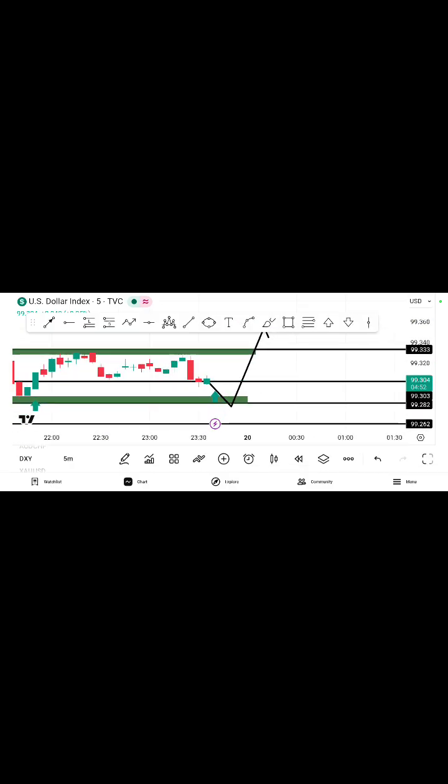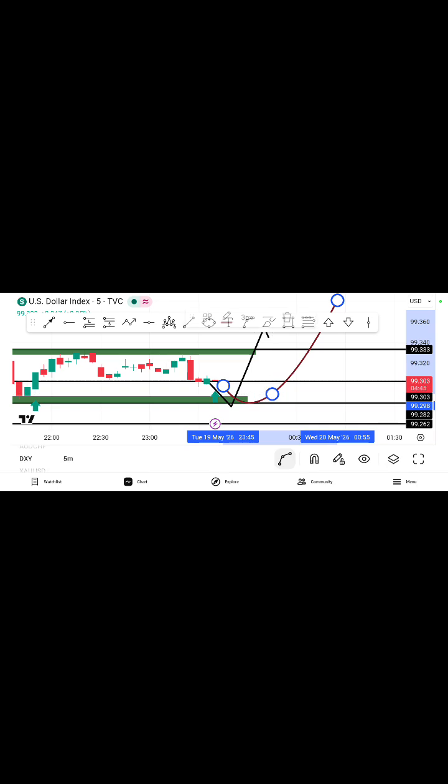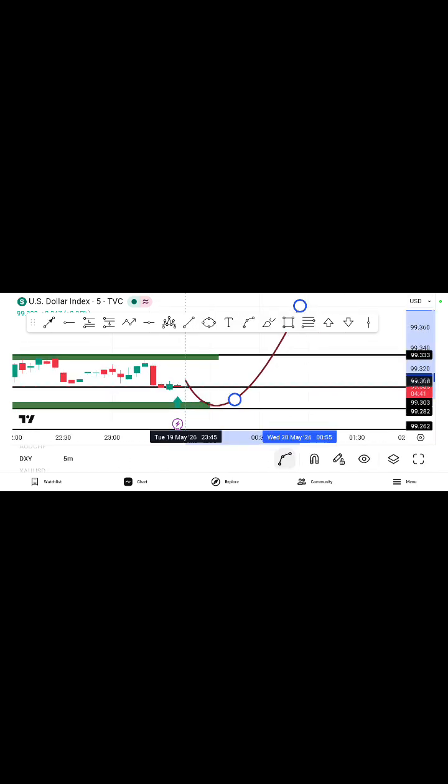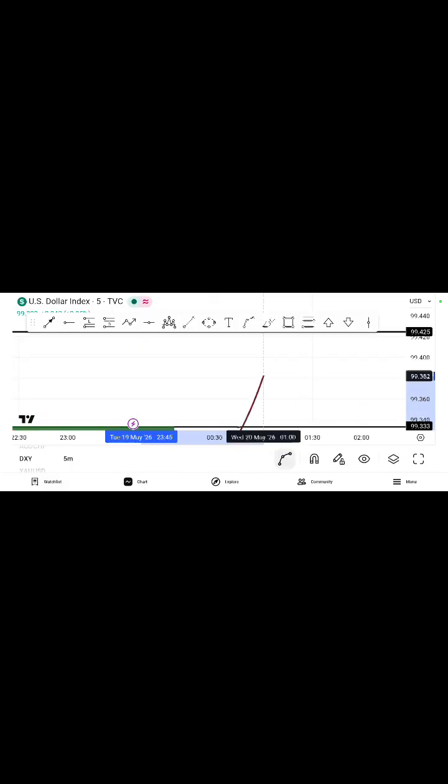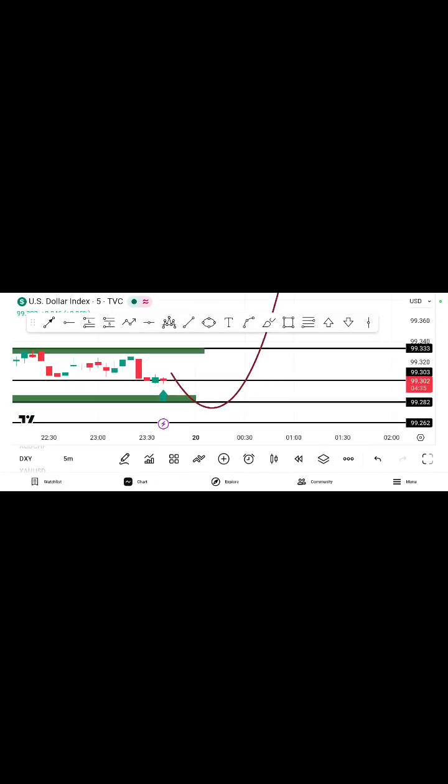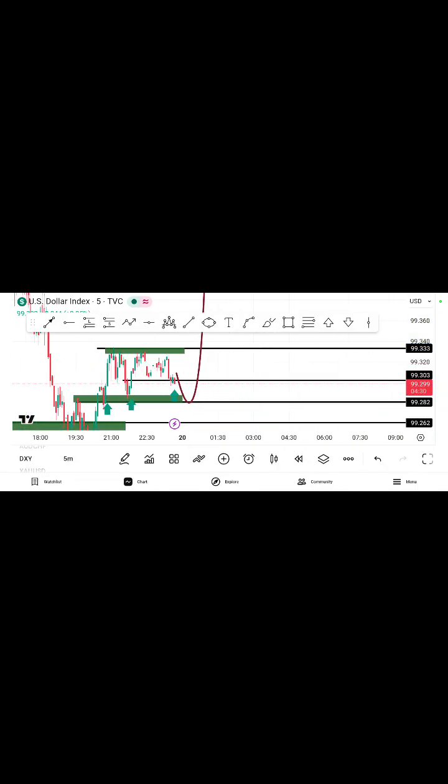But what we know is that the current market price, the direction of the market, is showing us that the US dollar index is still going to continue to buy. Why? Because the current market price is on a buy, right? This eliminates a lot of analysis paralysis. You don't need to have analysis paralysis.